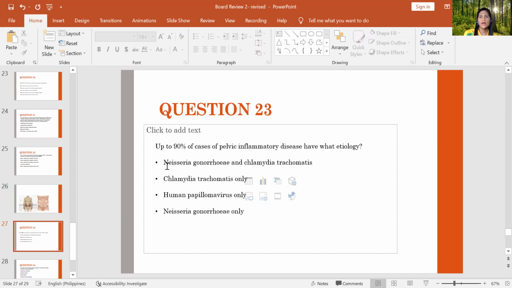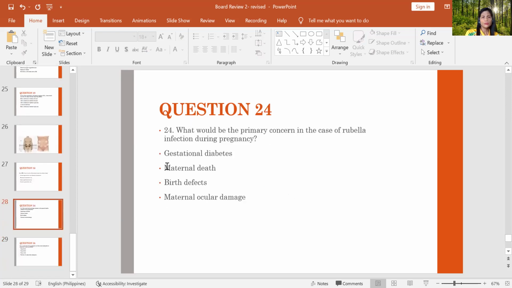Doon lang siya sa fallopian tube outside. So, 'di ba, alam naman natin na kapag doon lang pagka 3 months na puputok na 'yan. So, dapat rin malaman natin ng mas maaga para maagapan at hindi magkaroon ng mas grabeng epekto.